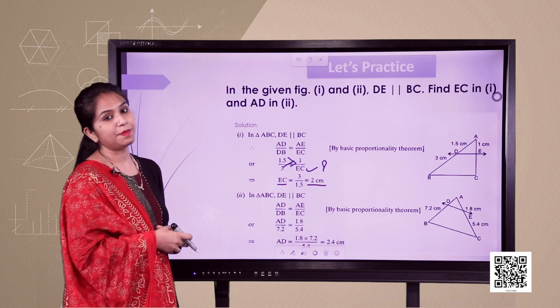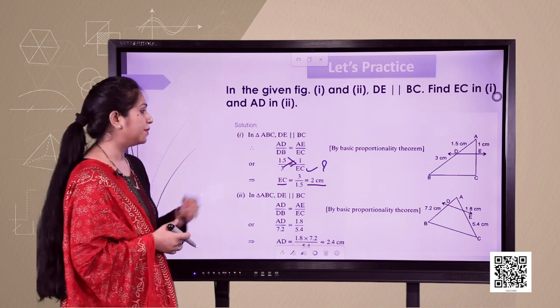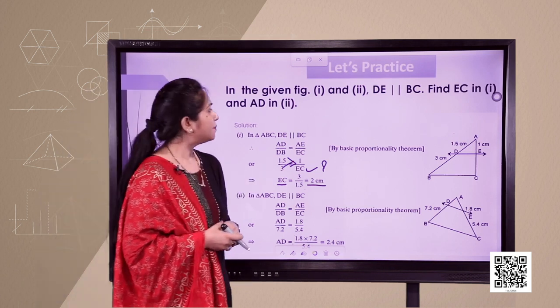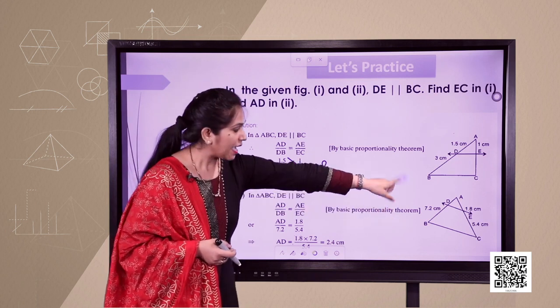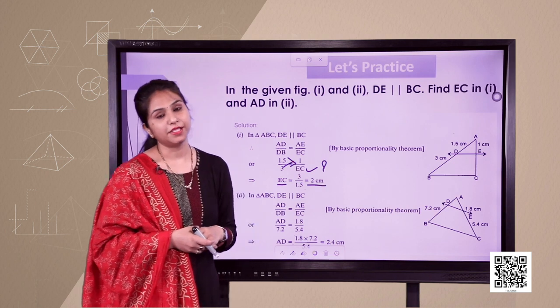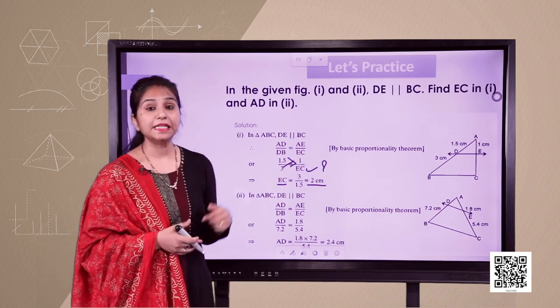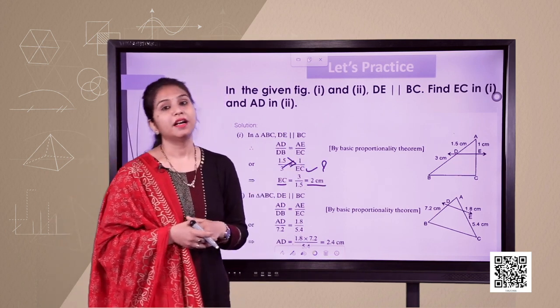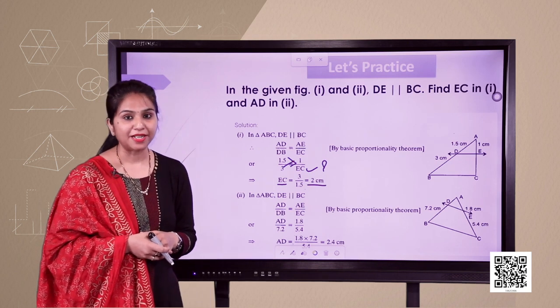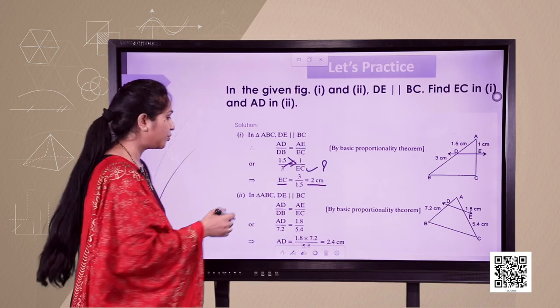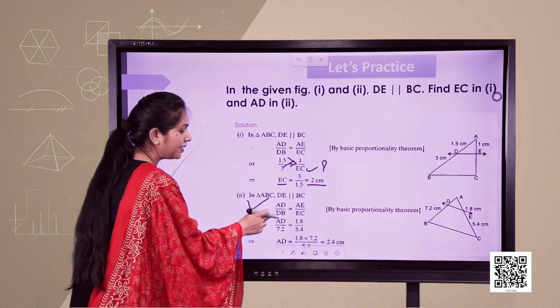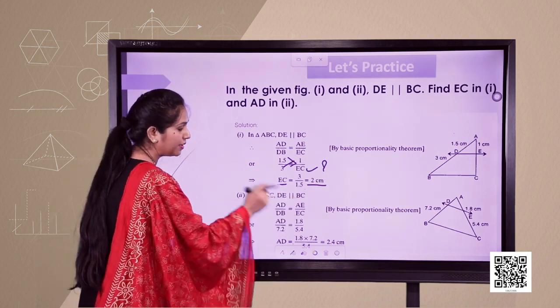In the same way, let us apply the same concept in our example number 2. Also in example number 2, the line DE is parallel to BC and the missing term here is AD. So again, since DE is parallel to BC, we will apply the basic proportionality theorem, and we can write that the sides are in proportion. So here AD upon DB is equal to AE upon EC.